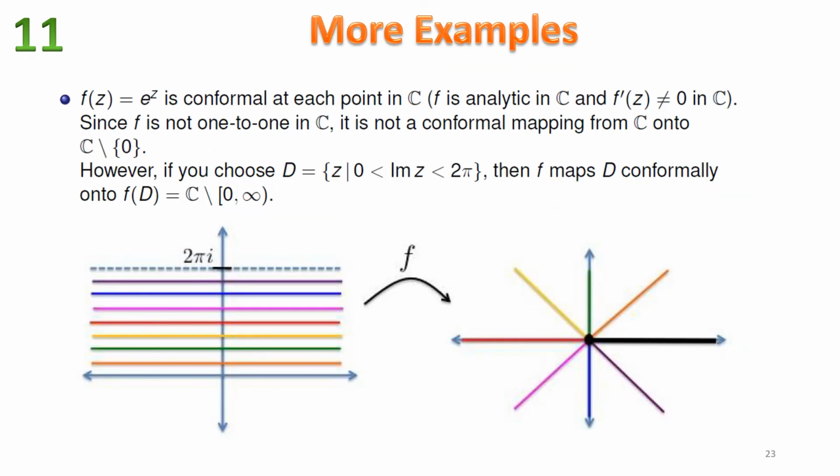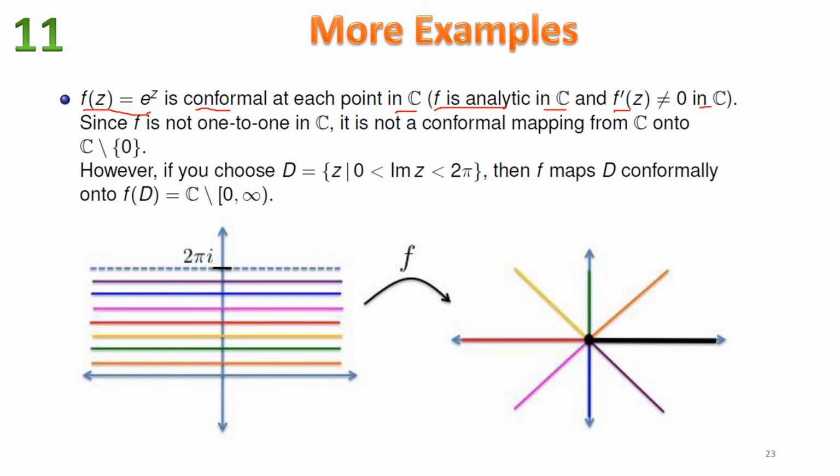Let us quickly go through another example. f of z equal to e to the power z is conformal at each point in the complex plane C, and we already know that f is an analytic function in the complex plane, and we also know that its derivative is non-zero. The derivative of e to the z is e to the z.